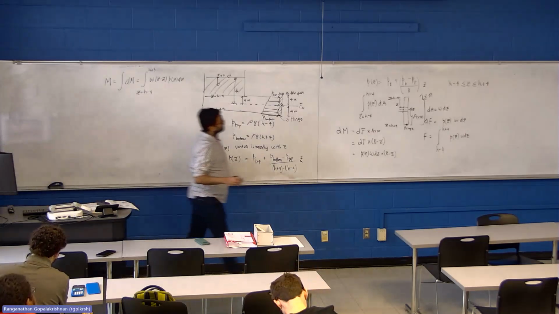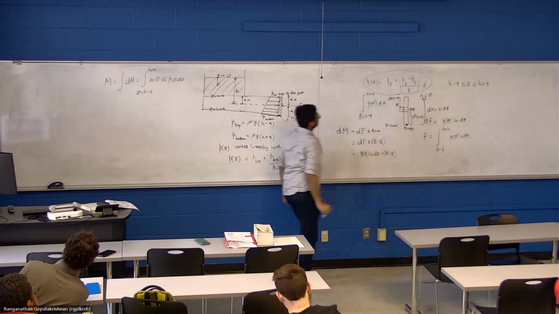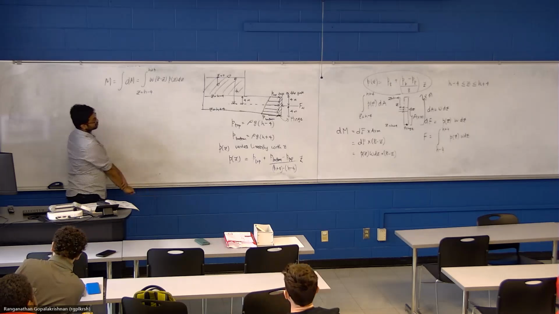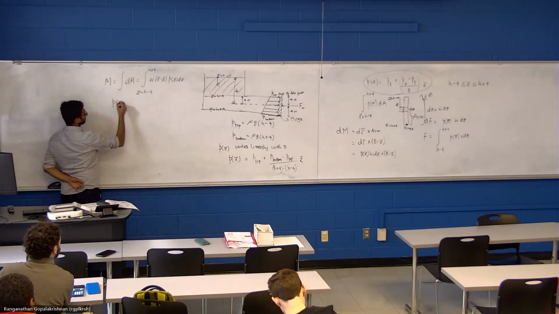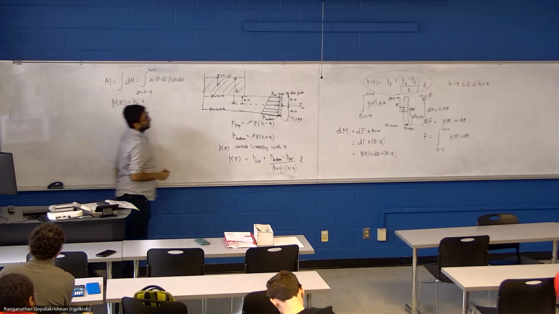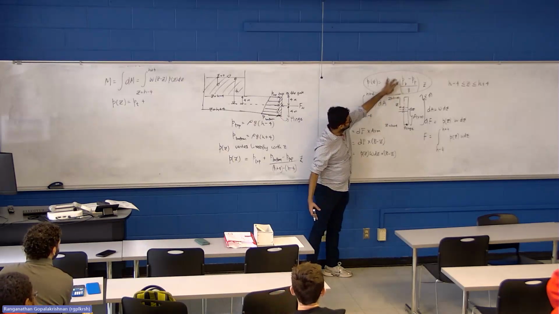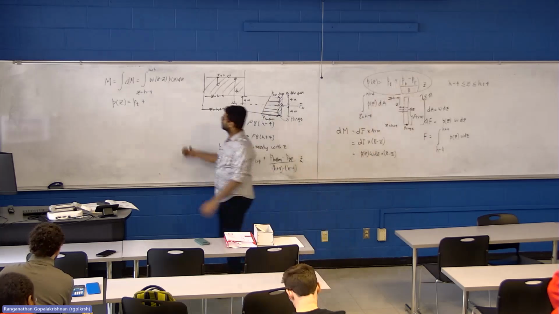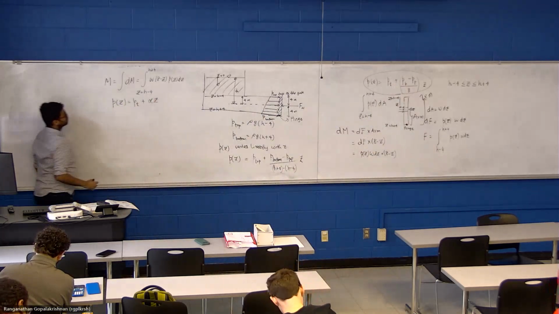P of z is this linear function. P of z is P top plus, I'm just going to call this a constant alpha because it's two known numbers divided by 8. I don't want to keep writing that, so I'm just going to call this P_t plus alpha times z.